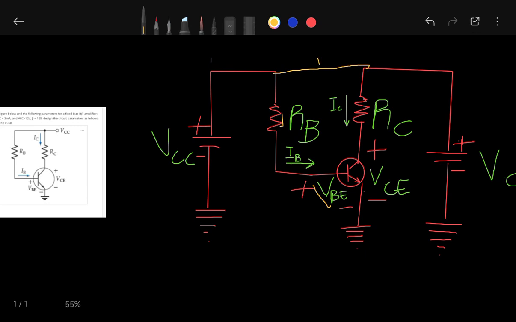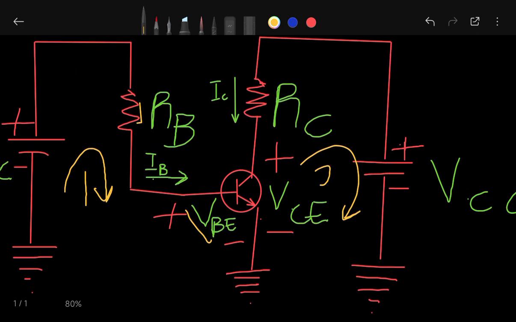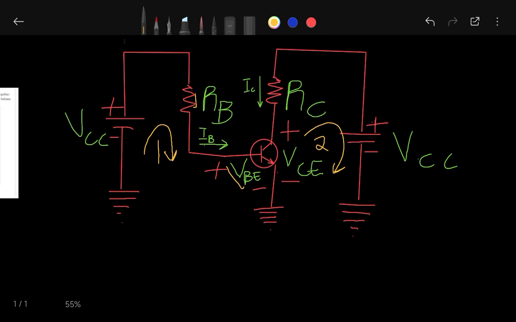I cut it off and brought it this side, and again for the collector emitter loop, I brought it this side so that you can have two loops. Let me call this one loop one, and this one loop two.